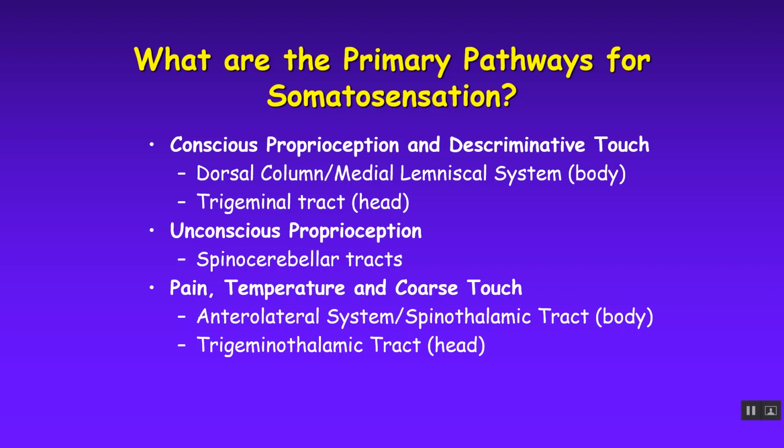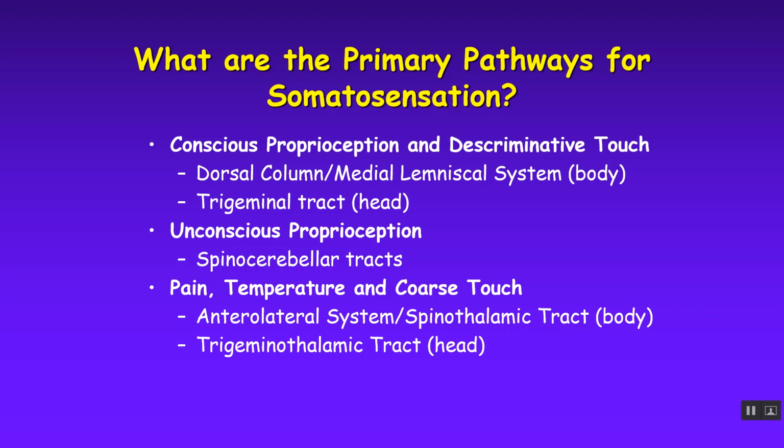And your cerebellum can make adjustments to your muscles' function and so forth without you ever having to think about it. And that's why you can do a lot of things and move without thinking about it and make error corrections without thinking about it. That's all because of these unconscious proprioceptive pathways, collectively called the spinocerebellar tracts. We're going to talk about 4 of them, but collectively we're just going to call them the spinocerebellar tracts. Okay.